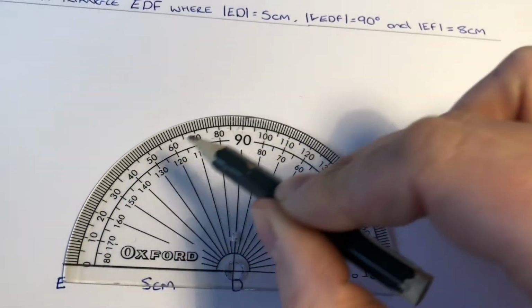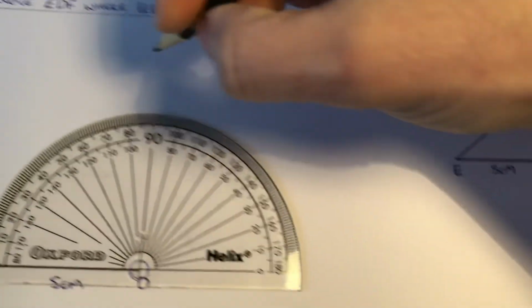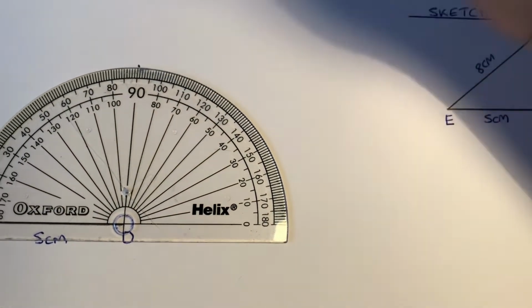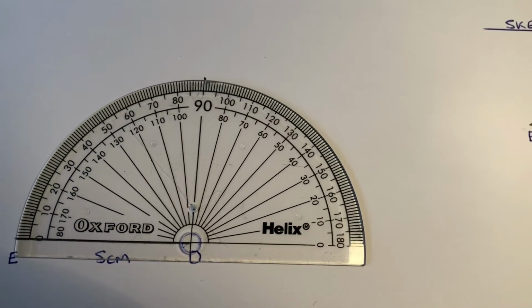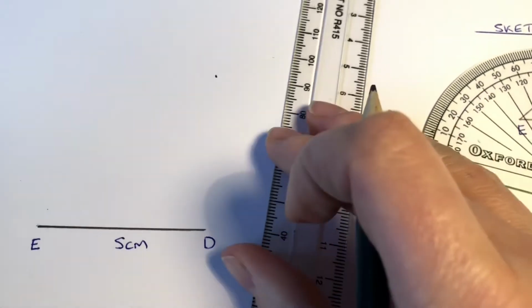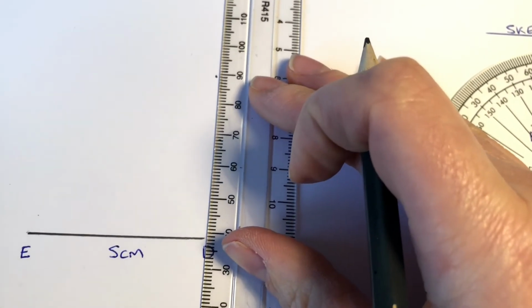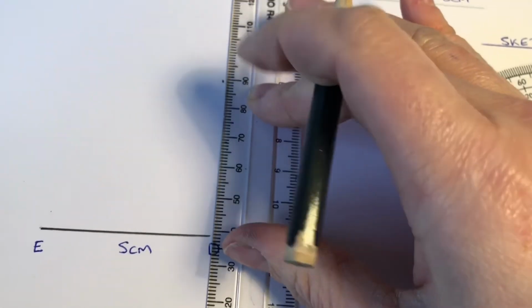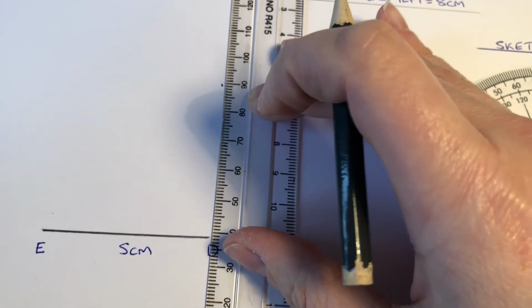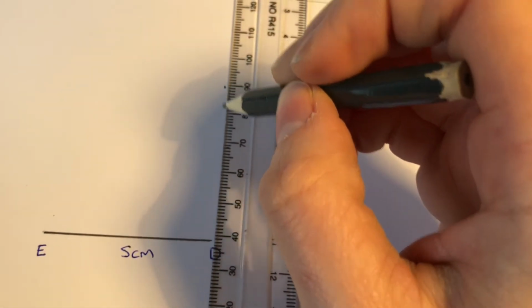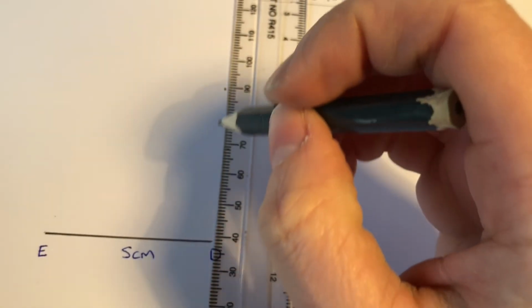I'm counting up until we get to 90, and we're going to place a very small accurate marker, being sure that we don't accidentally slip the protractor or move it. Then we can take it away, and we can connect our point D with that marker and continue up our line beyond it. Remember to make sure that your ruler is placed so that the pencil is connecting with those 2 points.